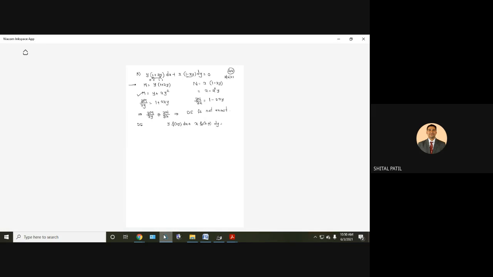The differential equation is in the form y f1(xy) dx + x f2(xy) dy = 0. Therefore, the integrating factor is, what is the integrating factor in this case?